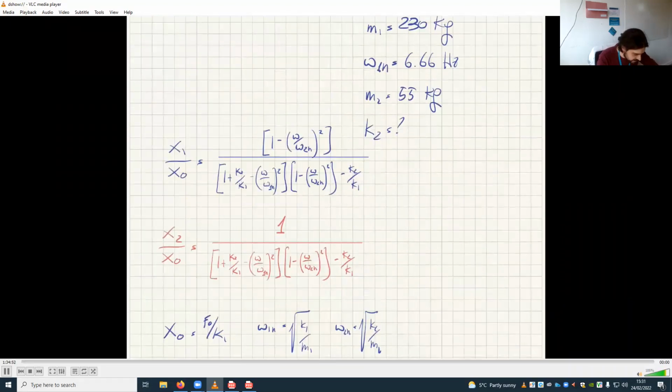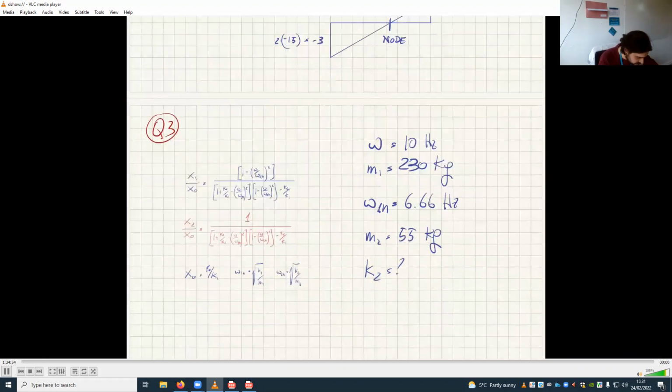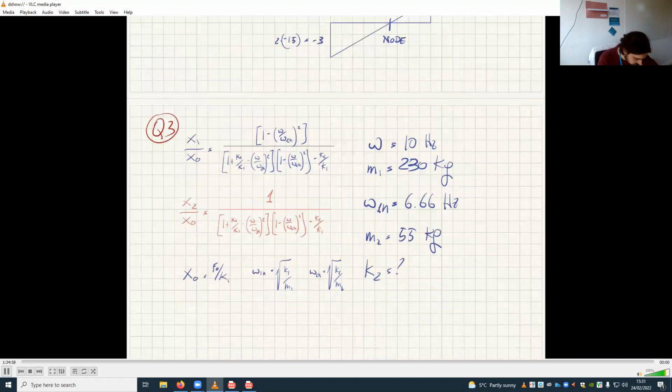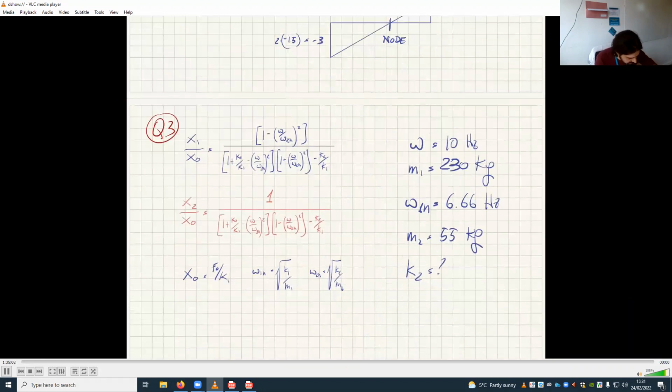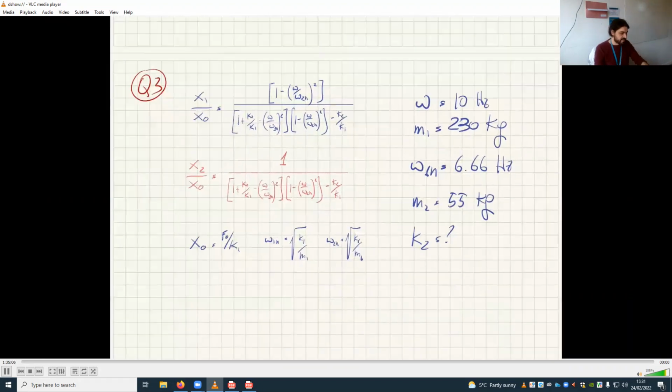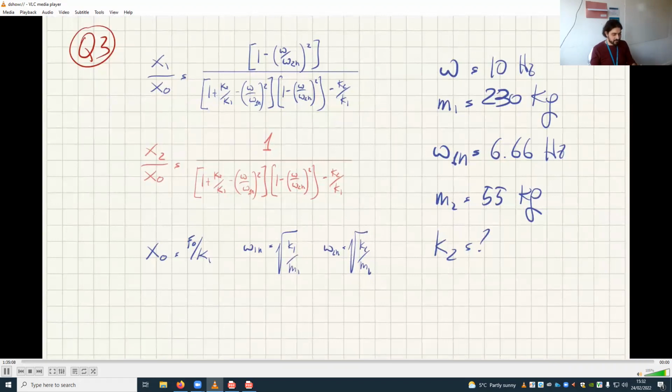I'll place it right here. There you go. That's all I need. I don't need anything else to solve for the vibration absorbers. It looks complicated, but in reality, it's very easy. It's all a matter of reading and using your knowledge to understand what these quantities are. So what are the numbers I've been giving you?